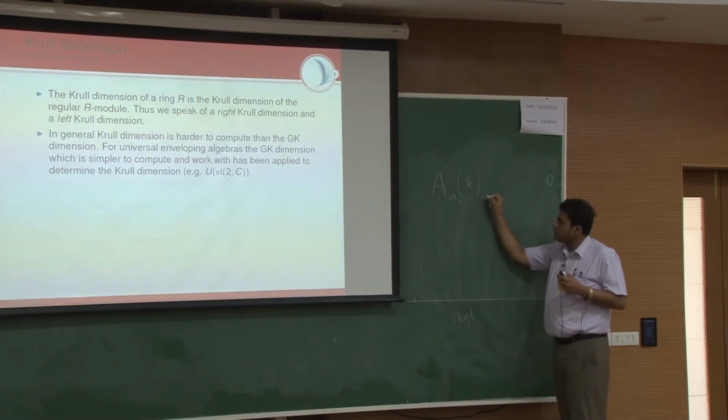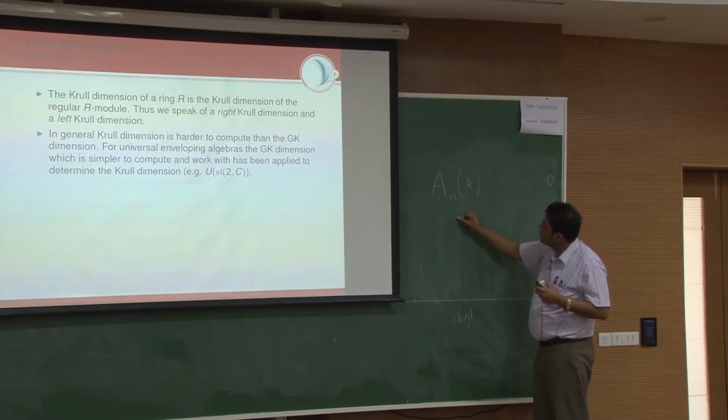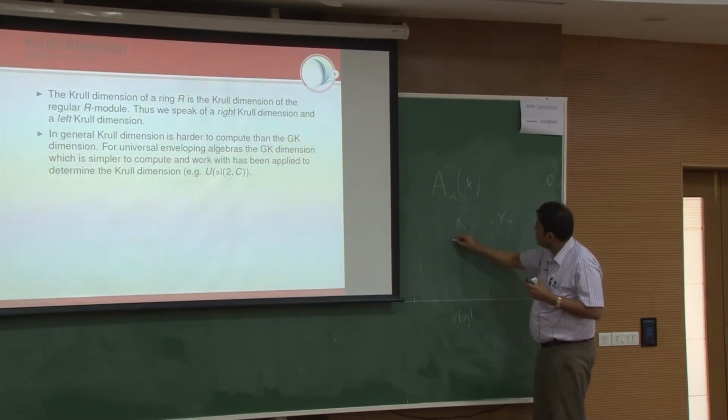If I take K to be any field, this ring A_n(K) is the ring generated by variables x1 up to xn and y1 up to yn.